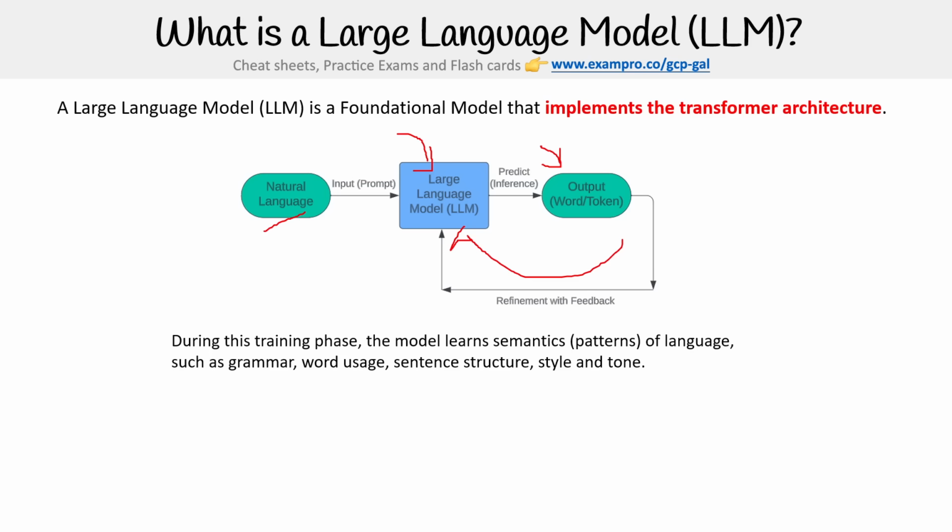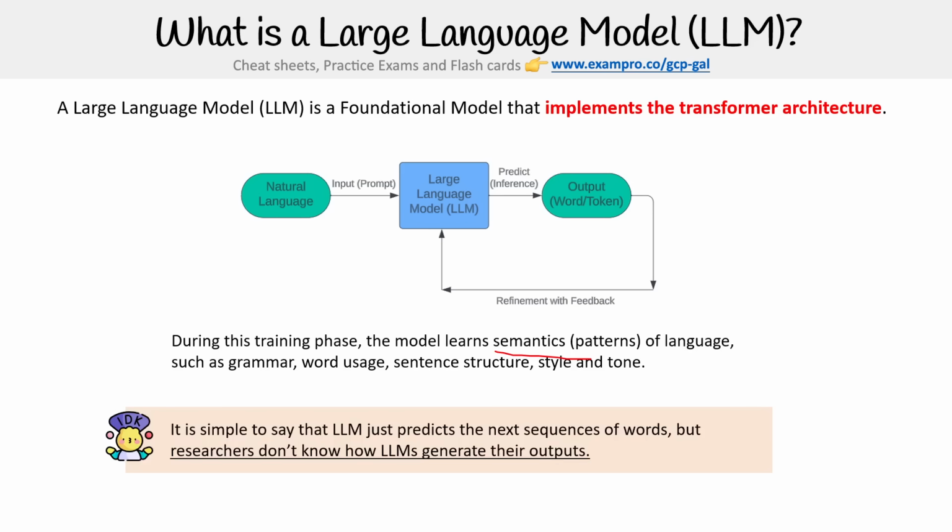That's what makes it so good at interpreting language and giving things that sound with language understanding, because it has that ability to understand the semantics of language. It would be simple to say that LLMs just predict the next sequence of words, because as you use the model, it outputs a word on the end of it and keeps feeding it in again and again until it's done.